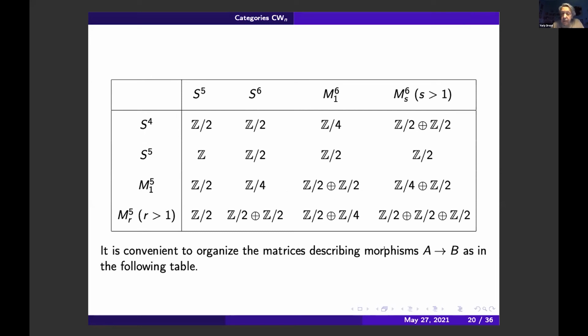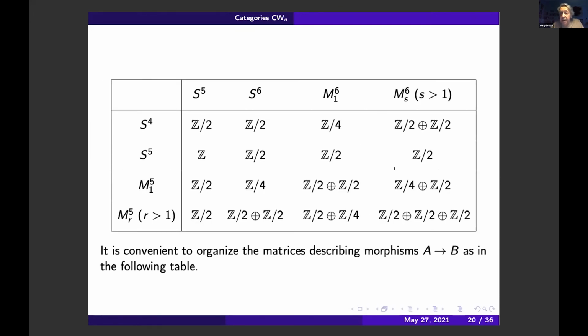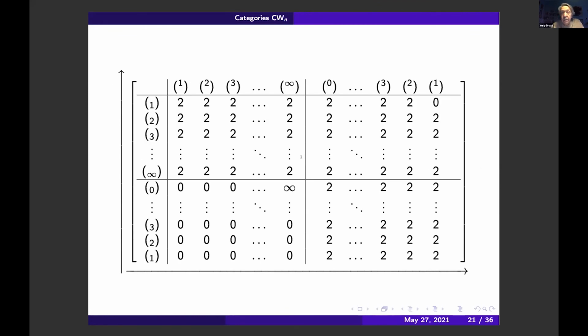It is convenient to organize the matrices describing morphisms from A to B as in the following table. You see most of them are direct sums, like this Z2 plus Z2, or even this one, so we split them. For instance, what do these 2s mean? It corresponds to a Moore space of degree 4, and 3 corresponds to a Moore space of degree 3, both here and here.